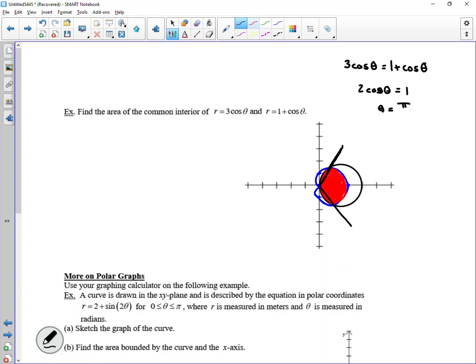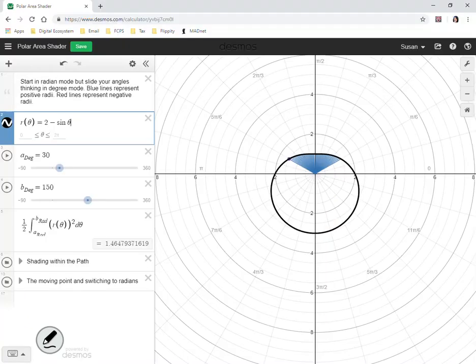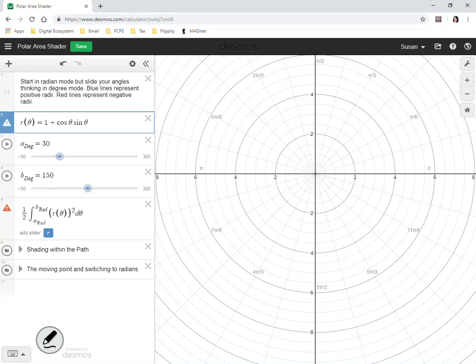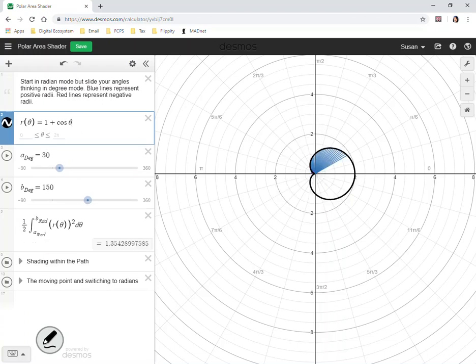Uh-oh, there's a tricky thing, guys. What's the equation of that cardioid? 1 plus cosine. Okay, so if I go from, what do we say it was at?